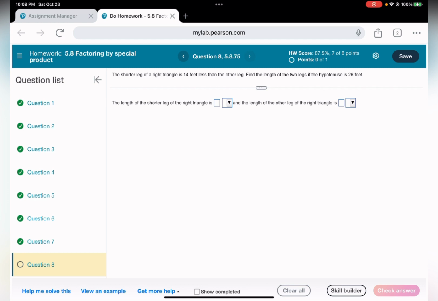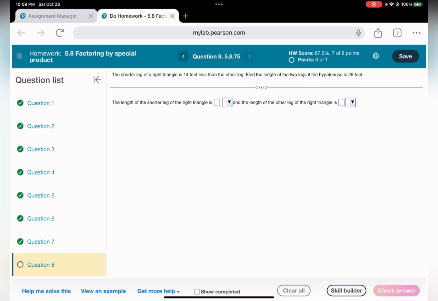So we have the shorter leg of a right triangle is 14 feet less than the other leg. So if one leg is x, the other leg is shorter, 14 feet less, so x minus 14.